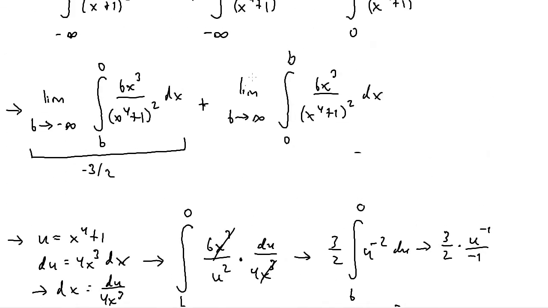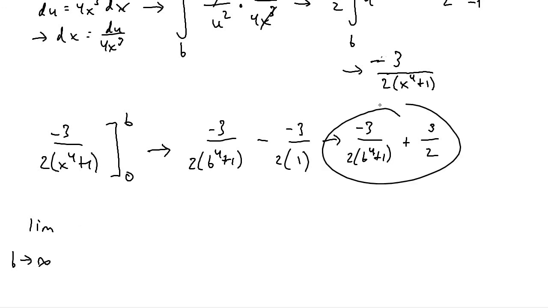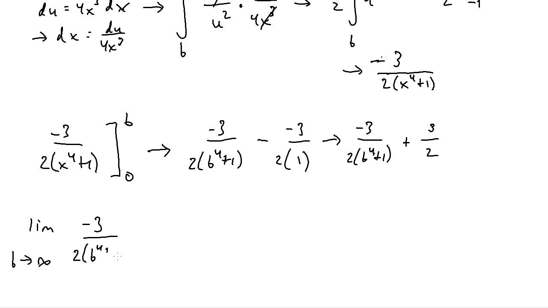So once again, I can rewrite the limit as b approaches infinity. So we have the limit as b approaches infinity of what we found here: negative 3 over 2 times (b to the 4th plus 1) plus 3 halves. And now all I have left to do is substitute infinity for b.